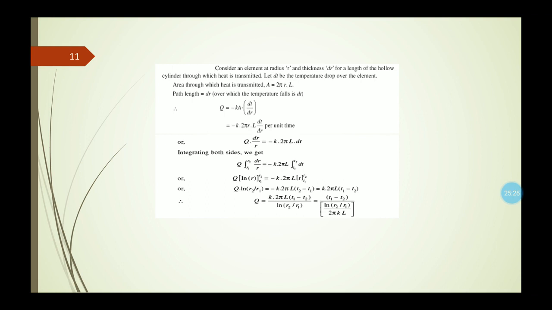Now the area through which heat is transmitted is the surface area of this hollow cylinder, so it is 2 pi rL, which is familiar to us.